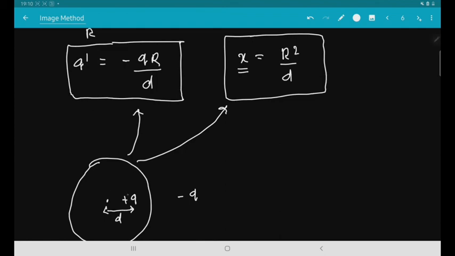And the magnitude you will be able to calculate by using this formula. So these both are important equations. So this is all about the image method. You may be asked to calculate problems regarding the infinitely grounded sheets, or you may be asked to calculate for the grounded conductors. Thank you.